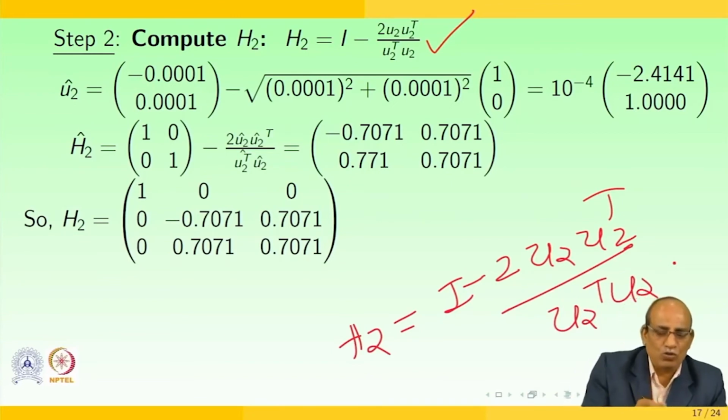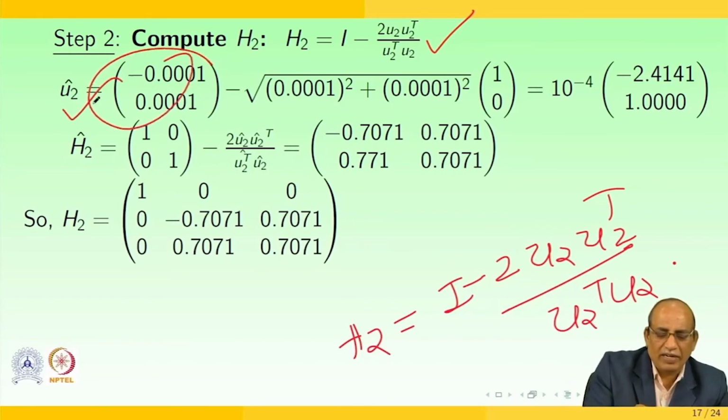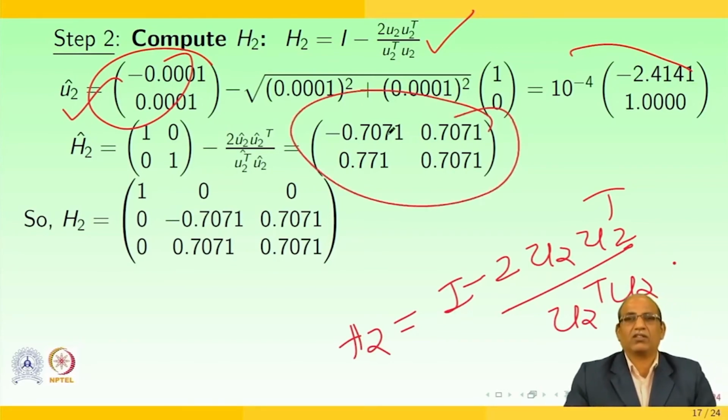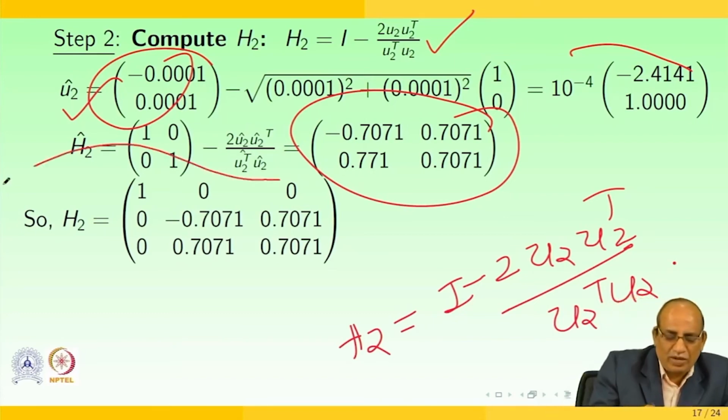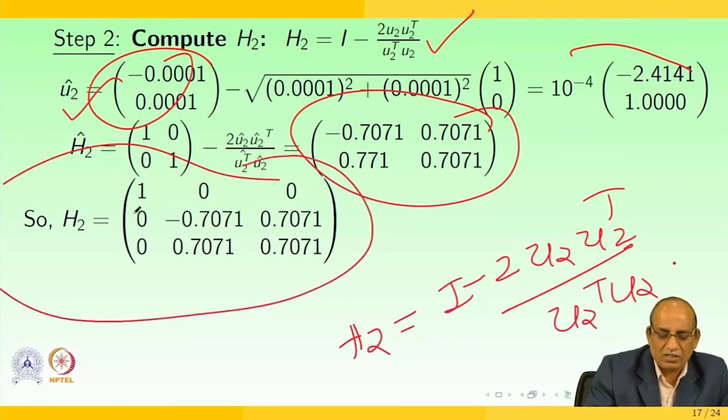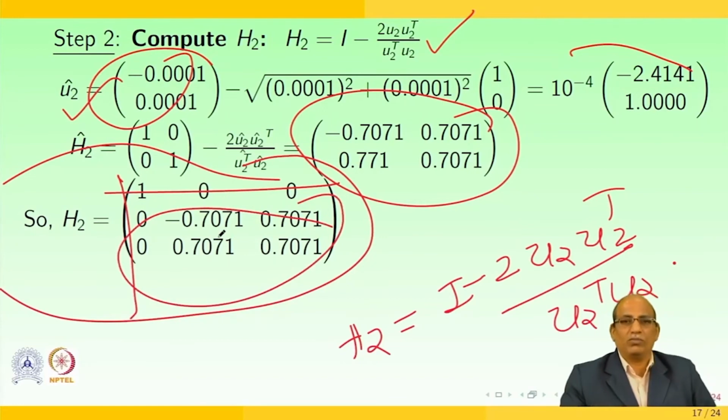So I can compute u2 as this matrix, and when I multiply all these things, I should end up with H2 prime equal to this matrix: 0.7071, 0.7071, 0.7071. So ultimately I am able to write H2 as this matrix. See here, this is not changed, this is not changed. So the lower 2 by 2 block will be changed.